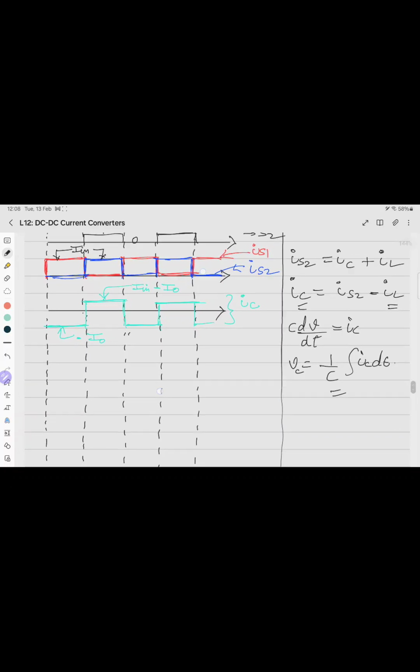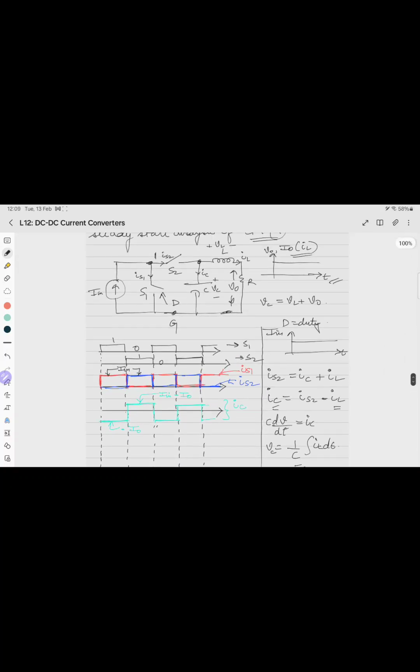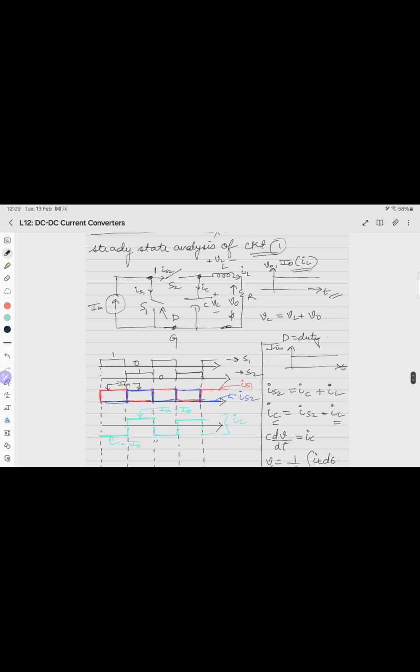Now we have to see whether it has any average value or not. In this case, if S1 is on and S2 is off, the voltage VC is equal to V0 plus the voltage across the inductor.